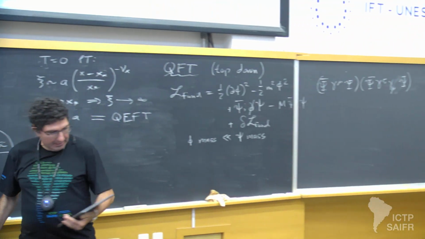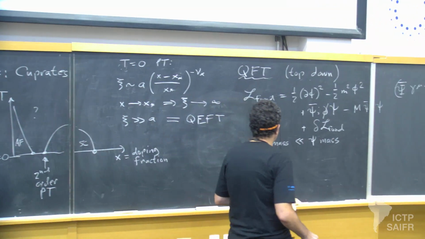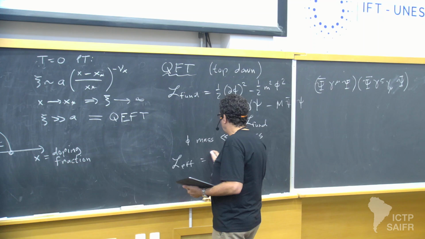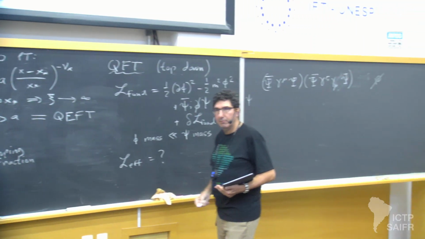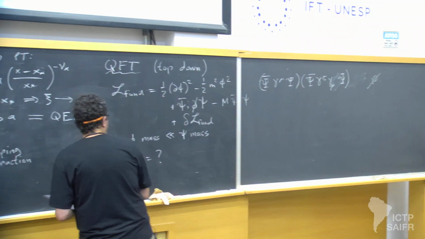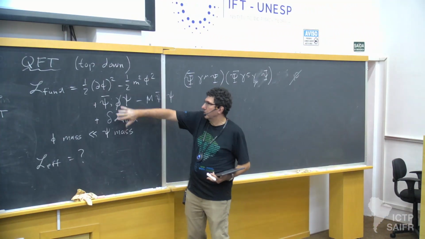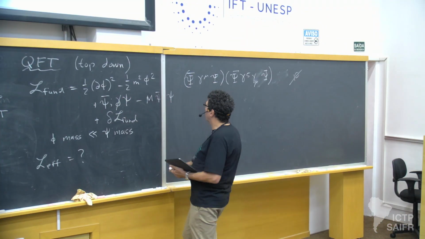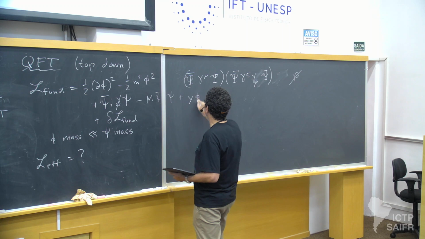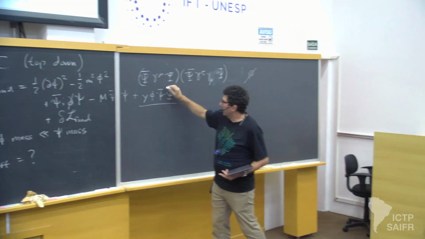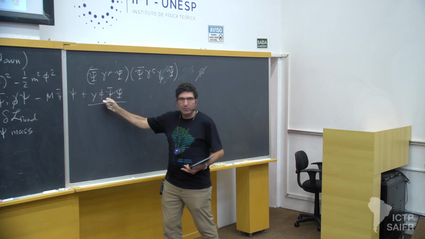Now what I want to do is find the effective theory by integrating out the heavy fermion. At tree level, it's very simple. At tree level, I just ignore, oh, sorry, I don't have an interaction. Sorry, I want to have an interaction too. I have an interaction, a Yukawa interaction.